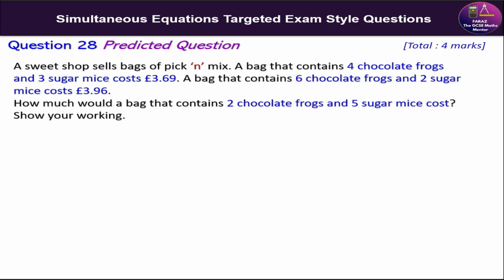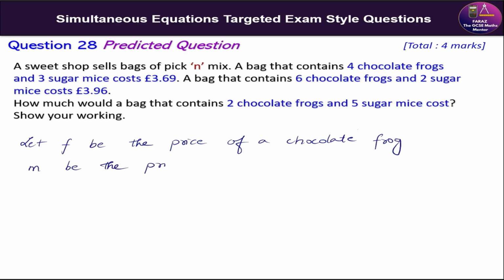So step 1 is to define your variables. Here we are going to write let F be the price of a chocolate frog, M be the price of a sugar mice.